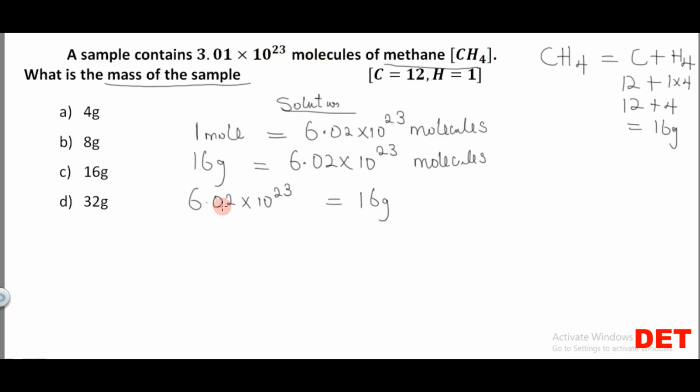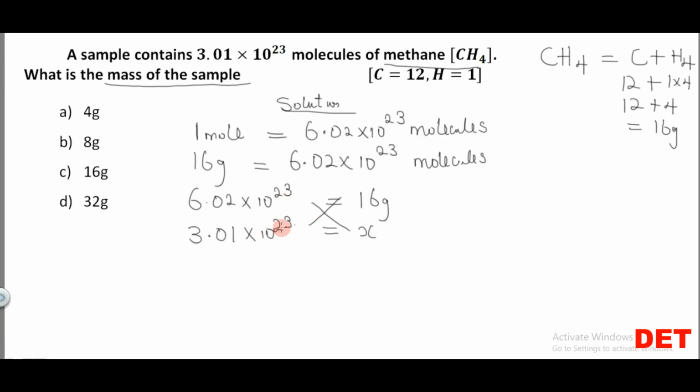If 6.02 times 10 raised to the power 23 molecules is equal to 16 grams, then 3.01 times 10 raised to the power 23 molecules will be equal to X. We don't know X, so the next thing to do is to cross multiply. This X will multiply this 6.02 times 10 raised to the power 23, and this 16 grams will multiply this 3.01 times 10 raised to the power 23.